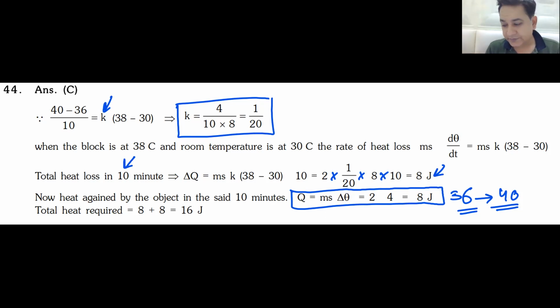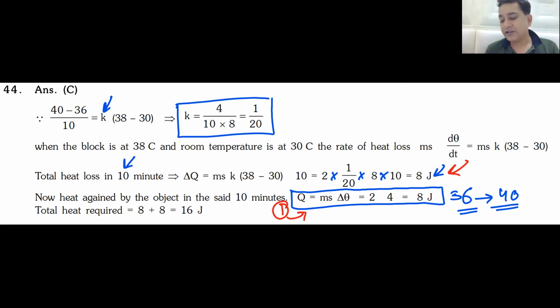Is it clear? What was the catch in this question? The catch was you had to see that it requires two heats. Heat number one, which is for increasing its temperature using your specific heat. Heat number two, remember when it is getting heated up, at the same time it is also losing heat by Newton's laws of cooling. So you have to calculate that amount as well.